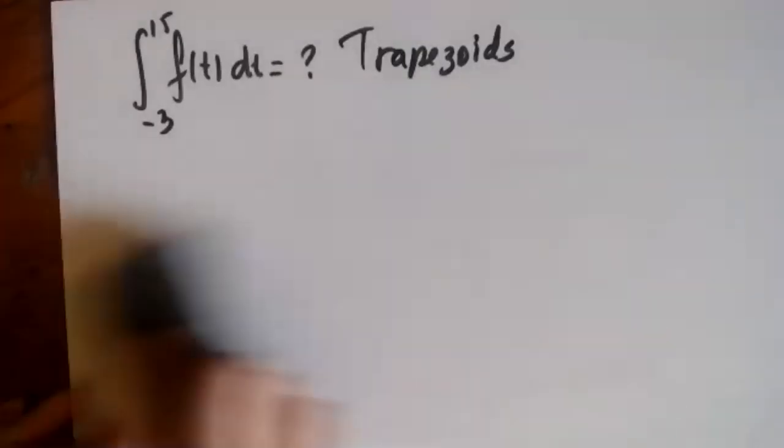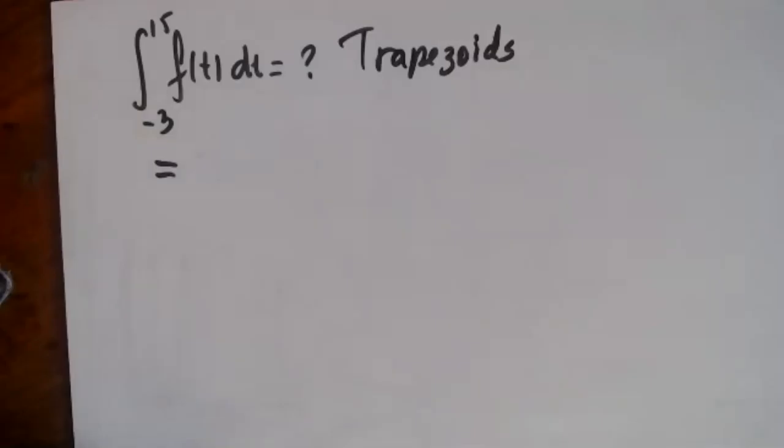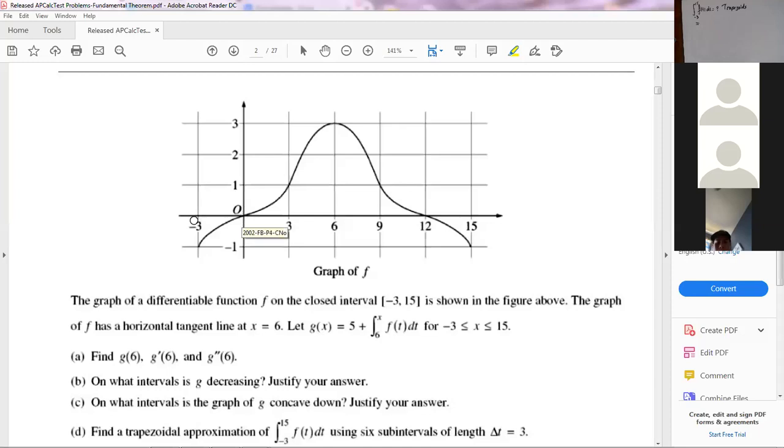So this is going to be equal to, and then we are going to have the first interval. Let me go back to the graph. The first interval is right here, from negative 3 to 0.